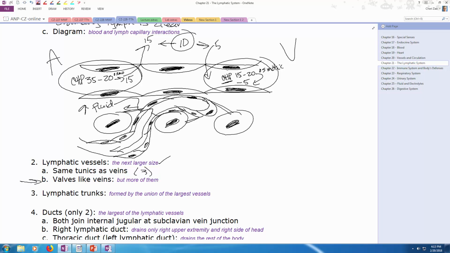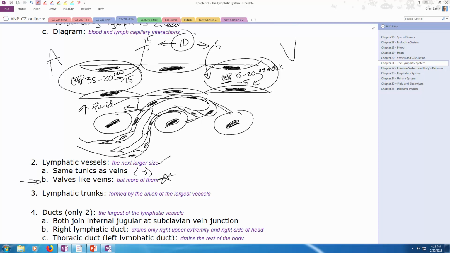And this is really, really important in getting our lymph back, because the valves are just like the valves we talked about for the venous system. They are designed to help that blood get back towards the heart. So they're one-way valves, just like the semilunars.